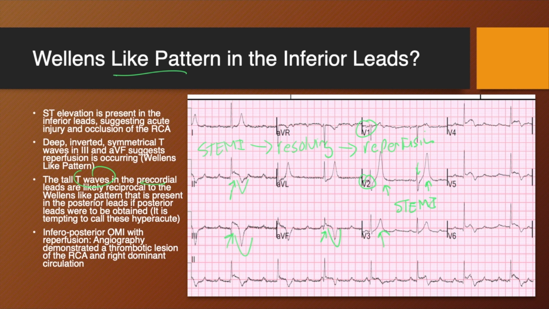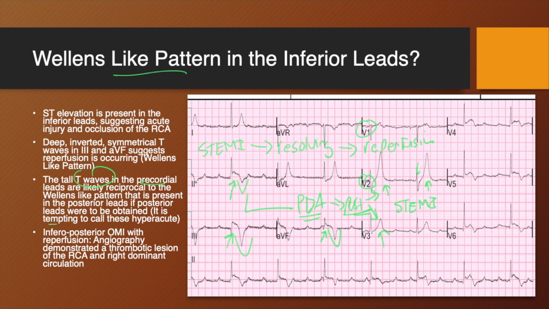Because remember, in about 80% of patients, the inferior wall perfuses the PDA, right, or supplies the PDA, which perfuses the posterior wall. So this is actually more likely a reciprocal change to elevation in the posterior leads, and in fact, that's what's going on with this patient.